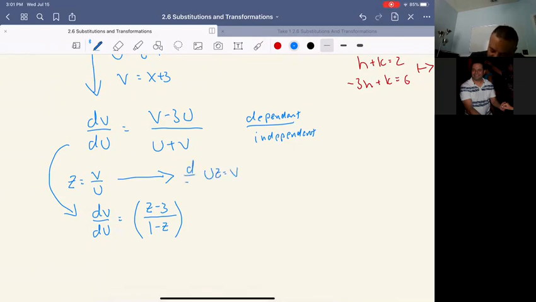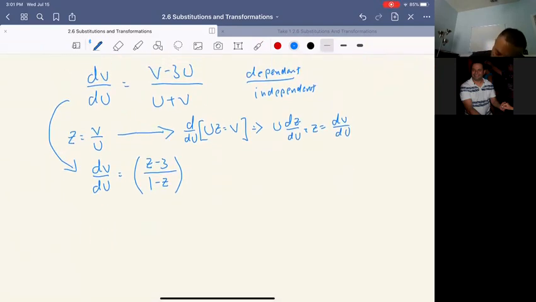Let's take the derivative with respect to u of that. So we get u dz du plus z equals dv du. So u dz du plus z equals (z minus 3) over (1 minus z).